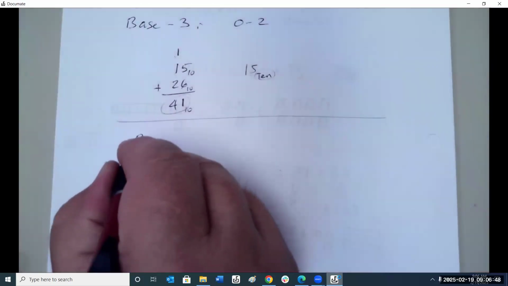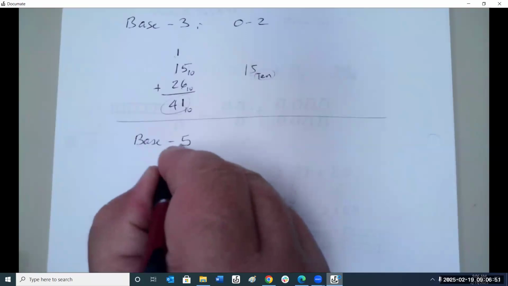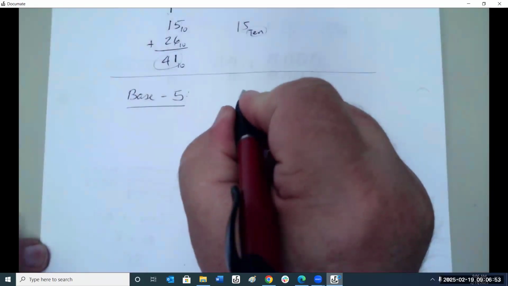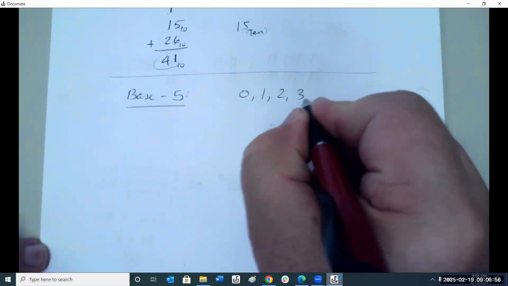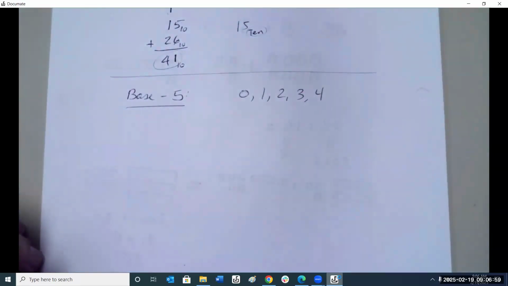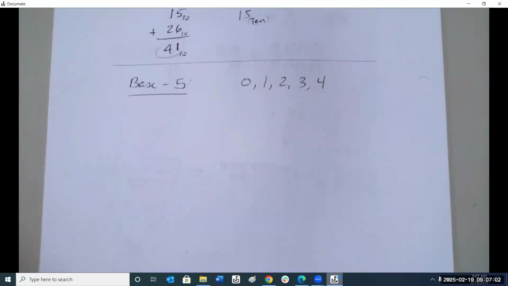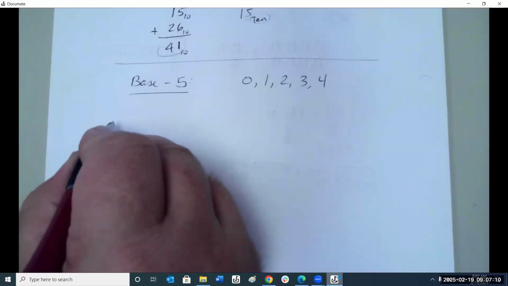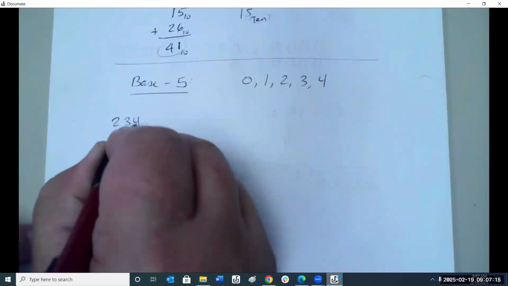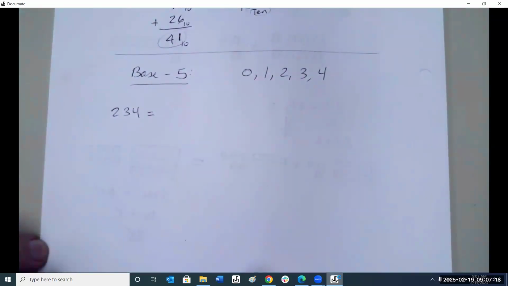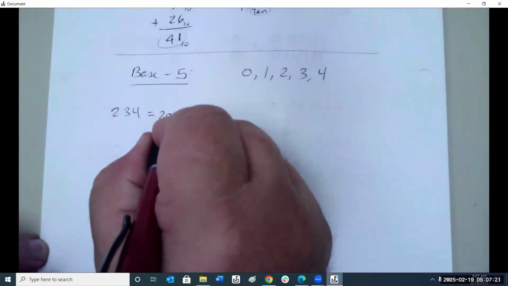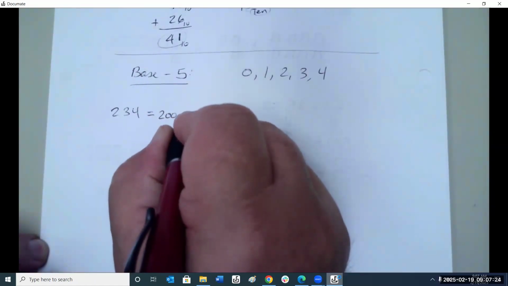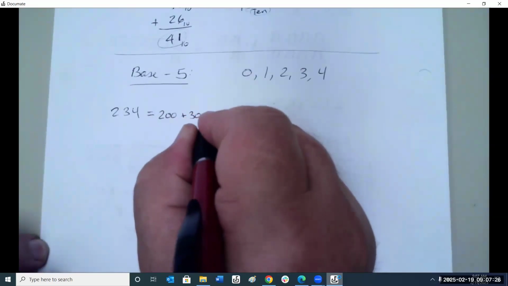Let's look at base 5. How does this relate to what we're dealing with? In a base 10 system, the number 234 is written as 200, 30, and 4.